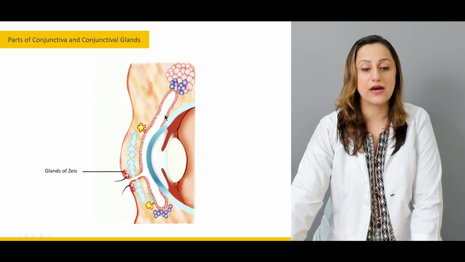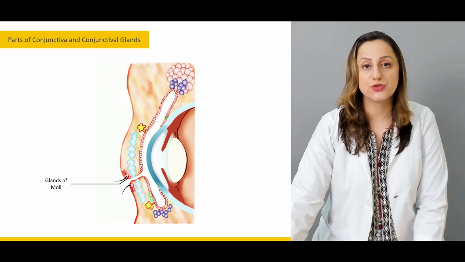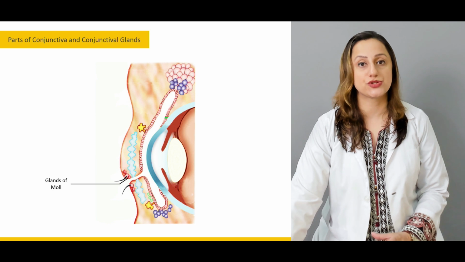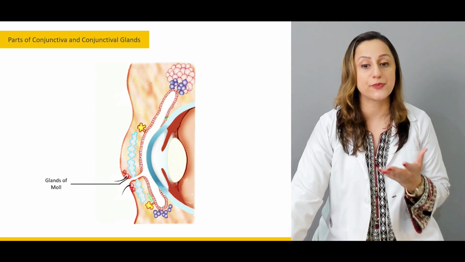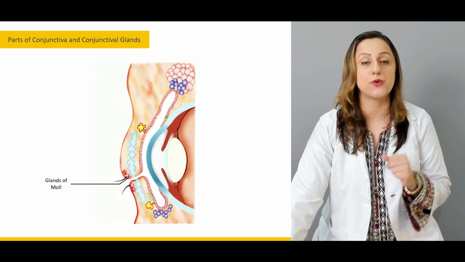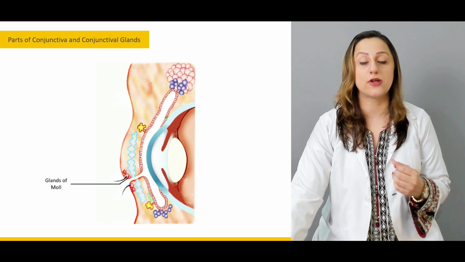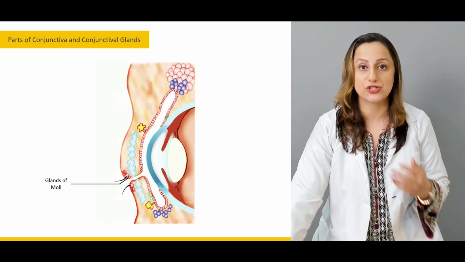Then finally we have the glands of Zeis. And then we have the glands of Moll, which are in close relation to the eyelashes. So these are the important structures that we have to keep in mind, the important group of glands present at the conjunctiva that are responsible for the production of the mucin, and for the production of the tear film in the conjunctival sac.